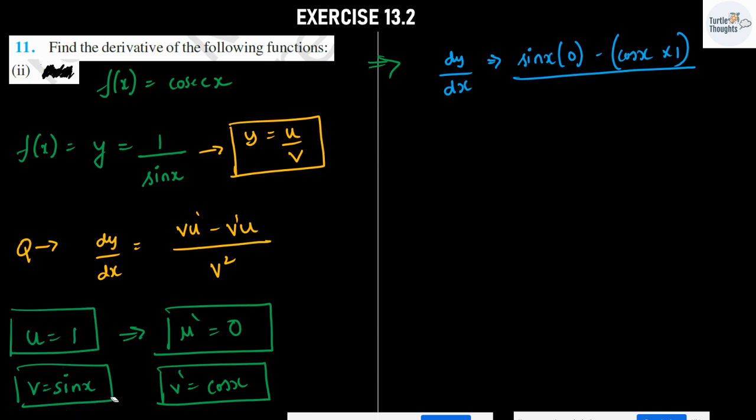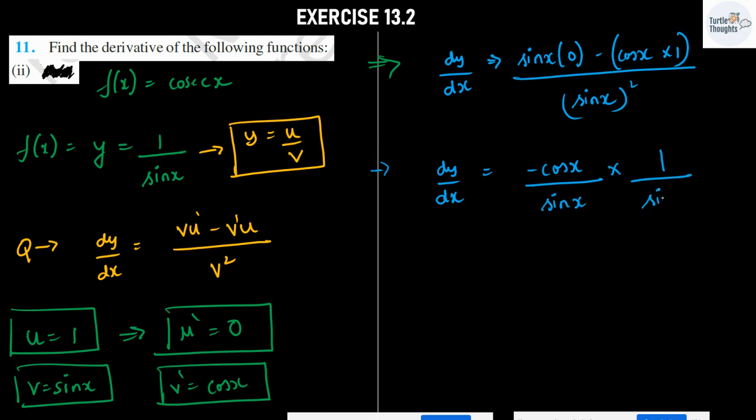This is sin x, right? Yes. It is going to be sin x whole square. Simplifying the same, dy by dx: anything multiplied with 0 is going to be 0. This can be written as minus cos x divided by sin square x, which can be written as sin x multiplied by sin x.